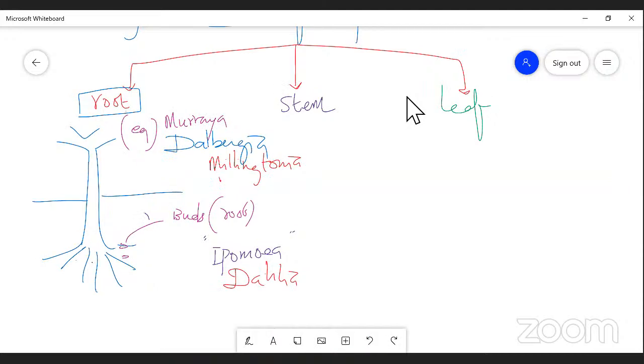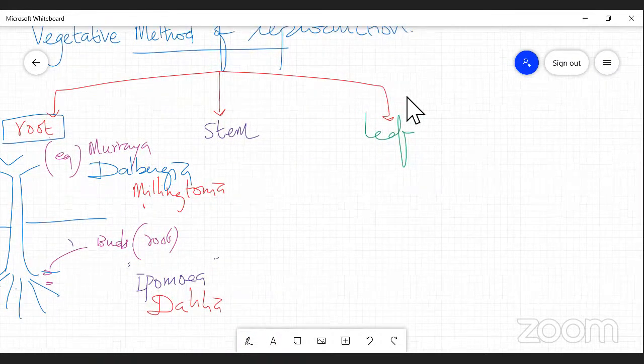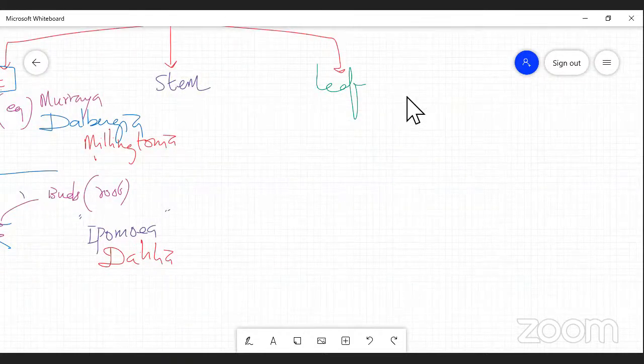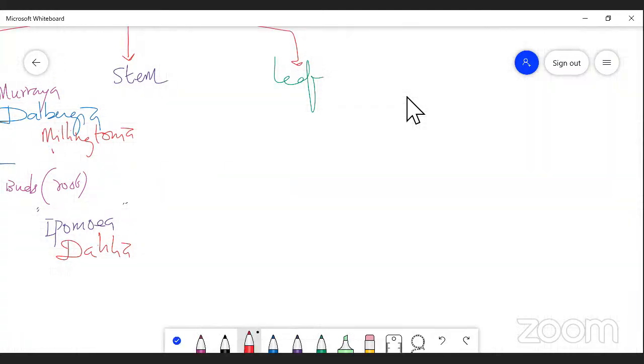Next we pass on to vegetative reproduction that takes place in stem. I'm talking about the second category, that is the stem. There are several modifications of stem. The first one is aerial modification, the second is subaerial, and the third category is underground modification.